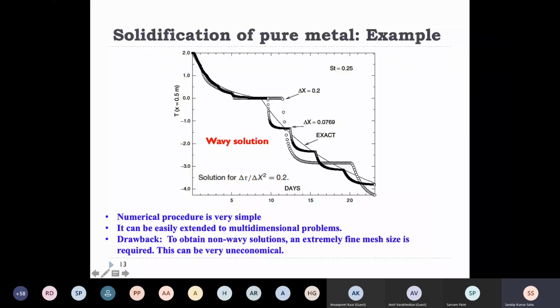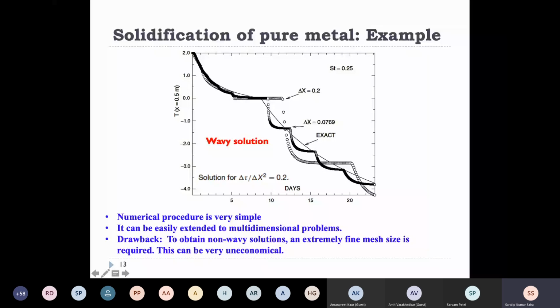Obviously, the analytical solution is continuous over the domain, whereas in finite difference, finite volume or finite element, you are discretizing the whole domain into small parts. That means you are getting a discretized solution at different nodes, so I am getting waviness which is of the length of delta x, or the grid size.